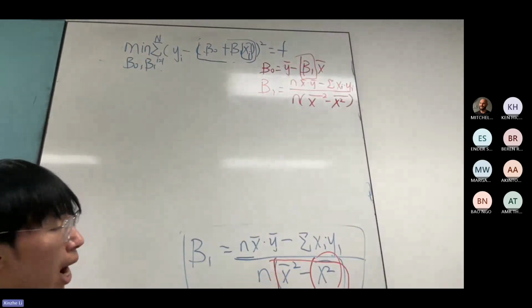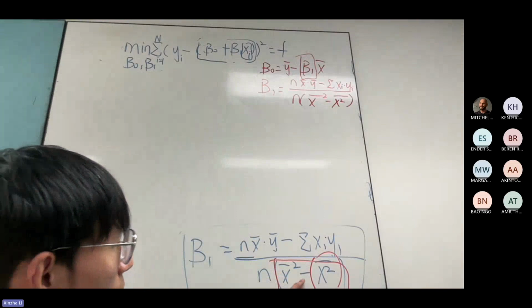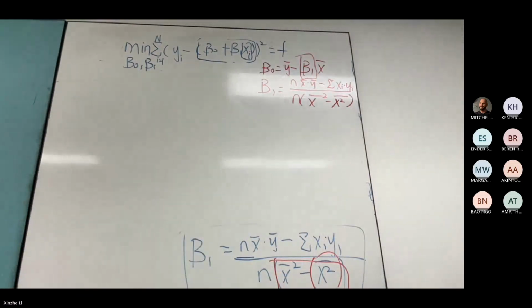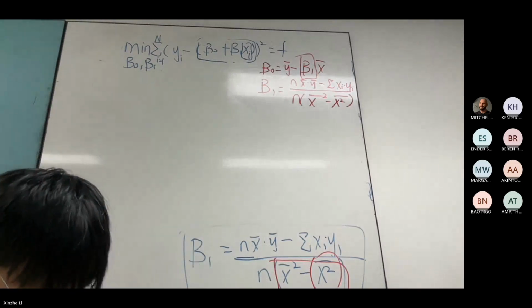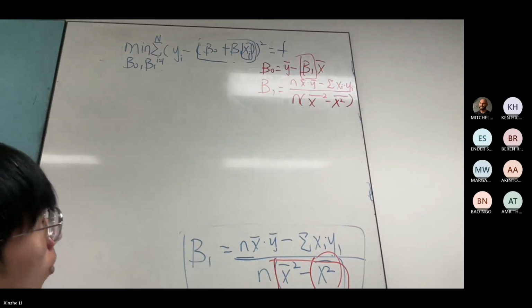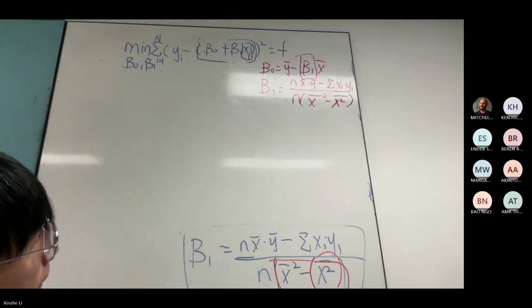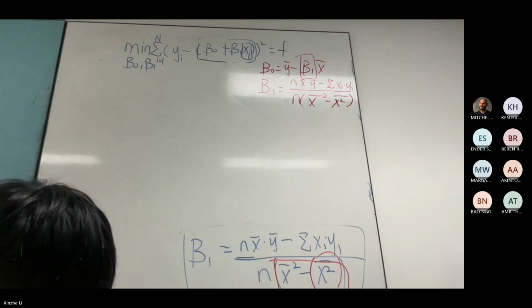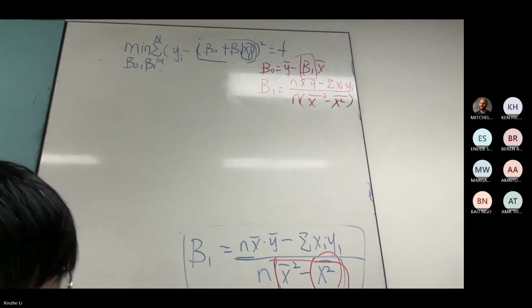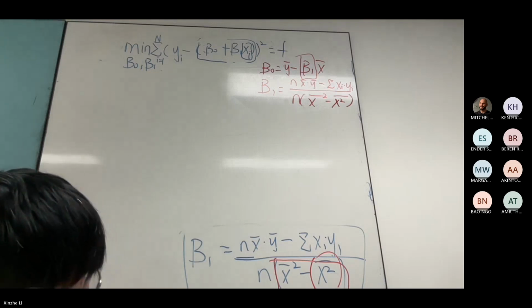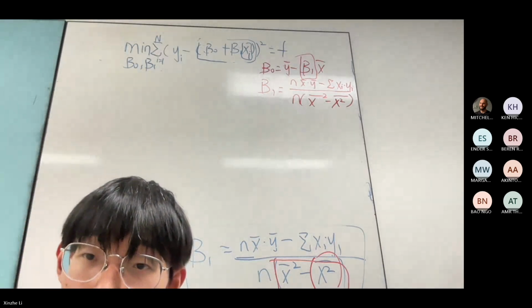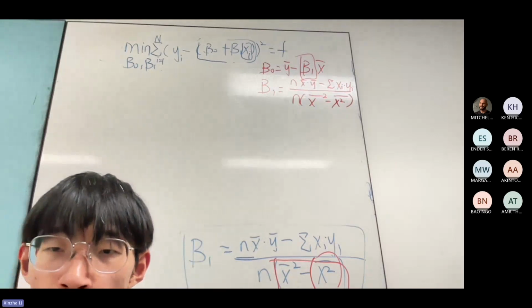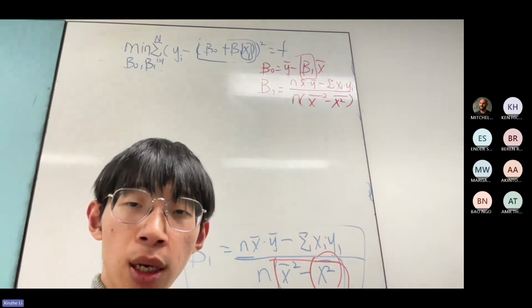The x bar squared minus x squared bar. Residual error square. Nope, it's not residual error square. It's variance.